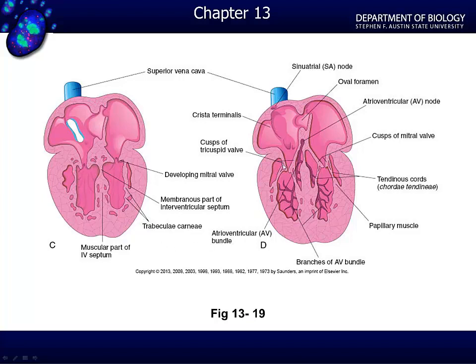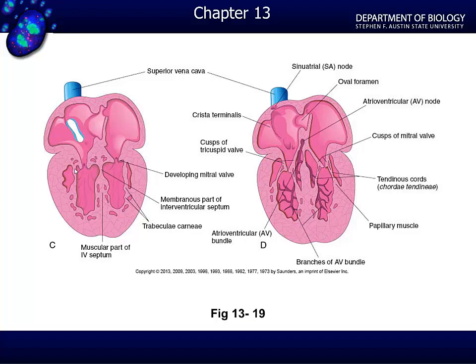And so these modified cardiac muscle cells are going to become our chordae tendineae. So I think you can envision this tissue in these lateral atrioventricular regions, and even on the medial side of our fused endocardial cushions, we're going to be eroding this tissue, maintaining connection with our papillary muscles, and some of that intervening muscle is going to degenerate into fibrous cords that we know as the chordae tendineae.